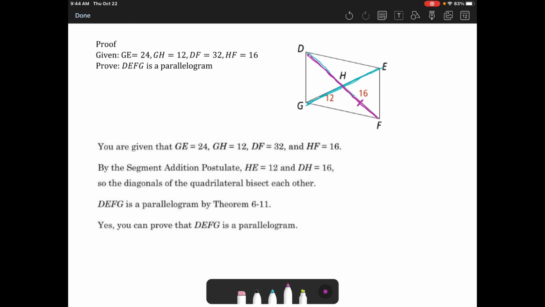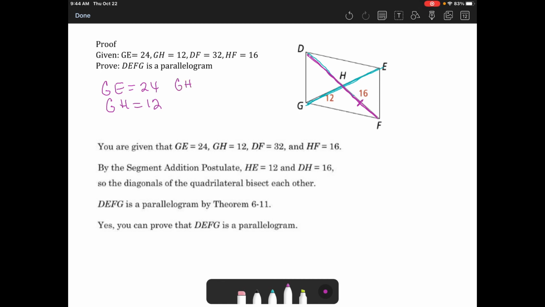Well, taking a look here, it says here GE is 24, so GE is equal to 24, and GH is 12.